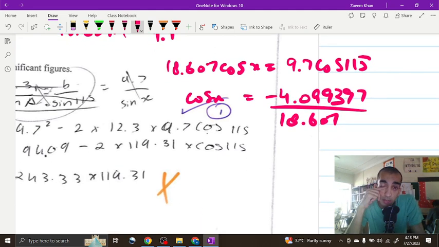Alright, Rida, what do we do now? You have to divide. Then you have to take the inverse of the fraction on the right, and that's going to be your value of x, right?